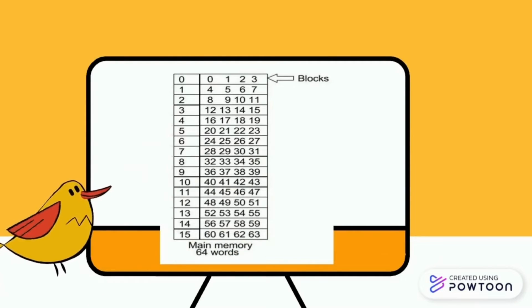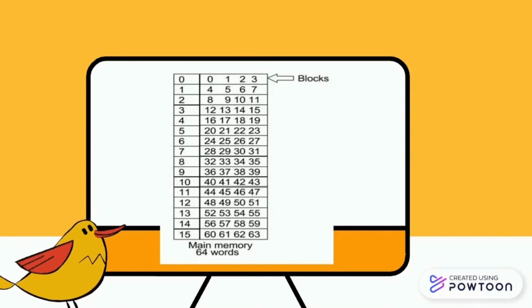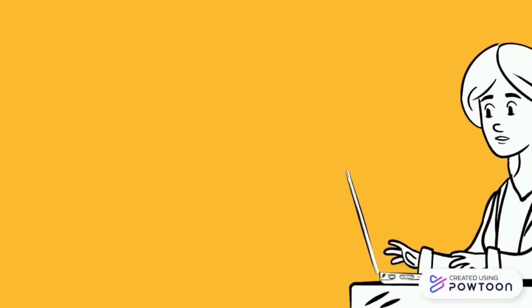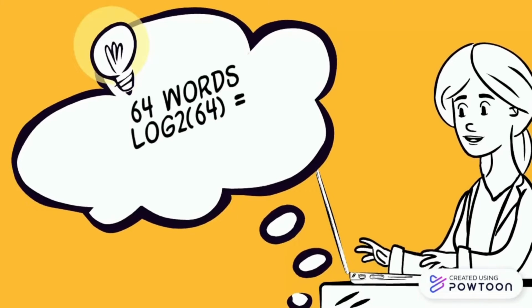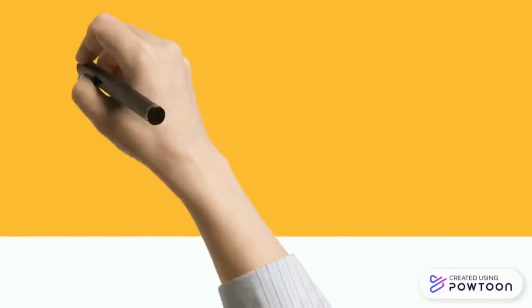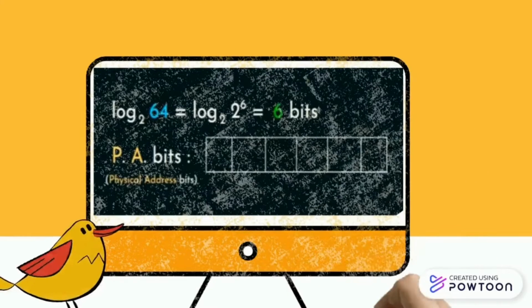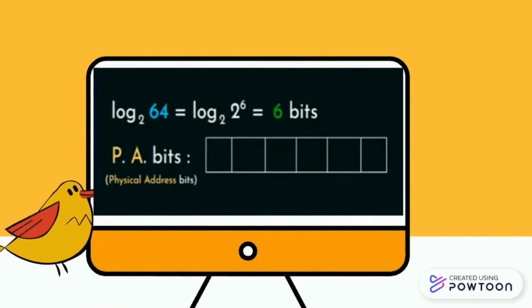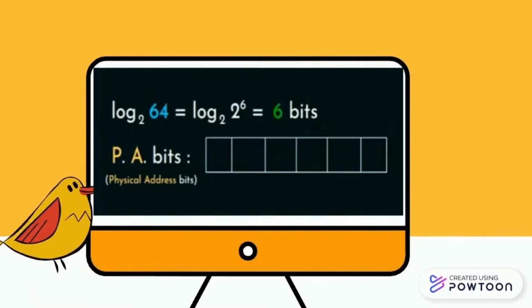Now, coming to the 64 main memory words, starting from 0 up until 63, they are organized in the main memory because each and every memory block is supposed to have only 4 words. In order to address 0 to 63, that is 64 words, we will need log 64 base 2, which results in 6 bits. Now, these 6 bits are called PA bits or physical address bits.